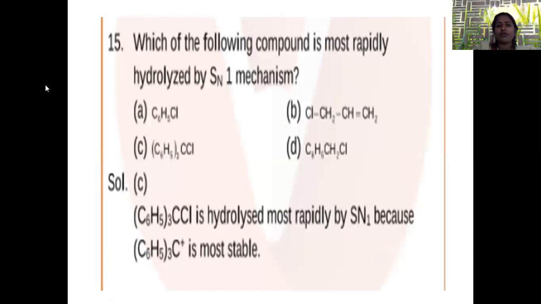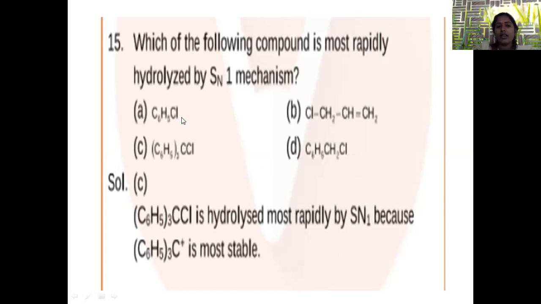Next is about which of the following compounds is most rapidly hydrolyzed by SN1 mechanism. SN1 mechanism is favored where the carbocation stability is more. When we take triphenyl methyl chloride, after the removal of chloride, a carbocation is generated, because SN1 is a multi-step process. The generated carbocation is highly stable compared to all the remaining ones.